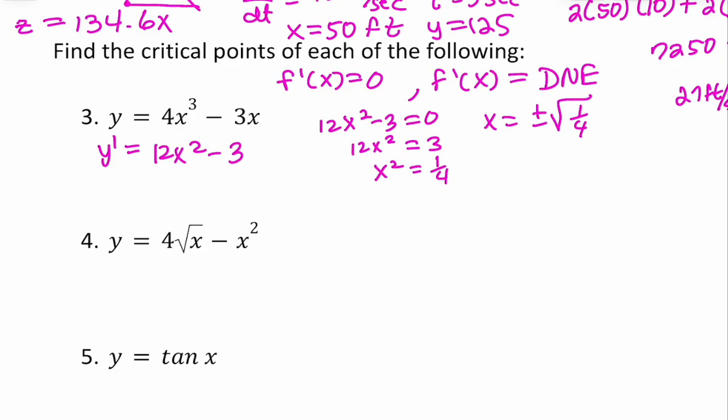So the square root of 1/4, the square root of a fraction, is just the square root at the top, square root at the bottom. Both of those are nice, perfect squares. So we get that our critical points are plus and minus 1/2. Okay, so that is number 3.